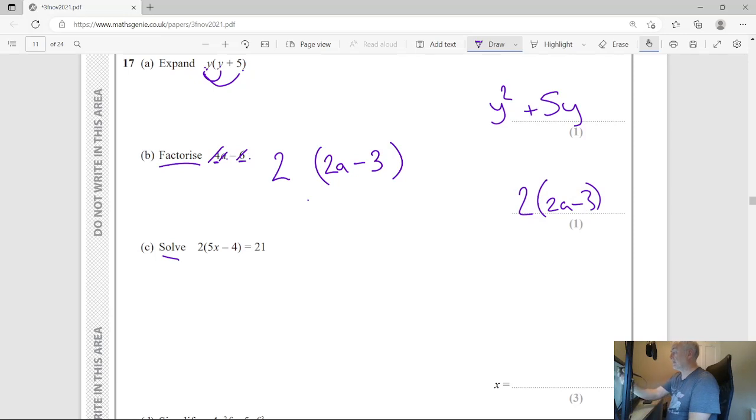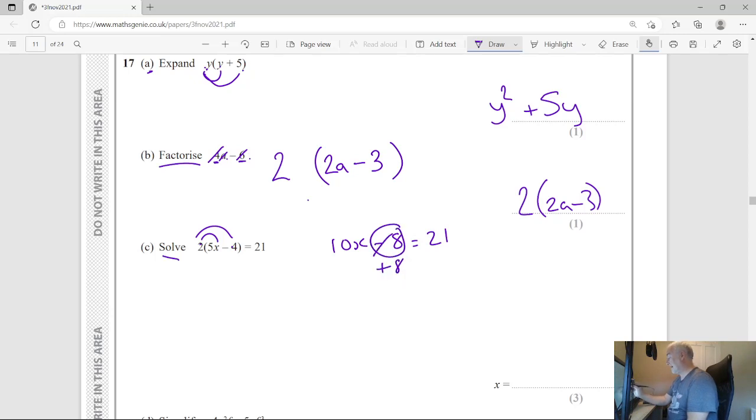And now we're looking to solve. So we need to do the first one. We need to expand it. Then we need to get rid of everything apart from x, and then solve for x. So let's expand first. 2 times 5x gives me 10x. 2 times negative 4 gives me negative 8. That gives me 21. Next line of working, try and get rid of the 8. So do the opposite.